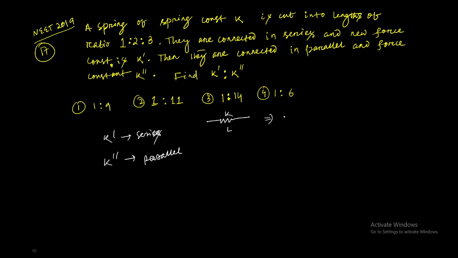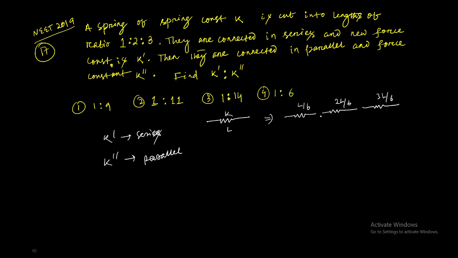It will be cut into 3 parts, 1:2:3. So this length will be L by 6, this length will be 2L by 6 and this length will be 3L by 6.